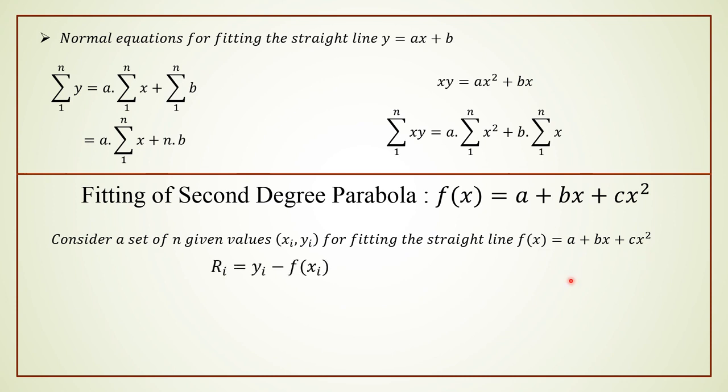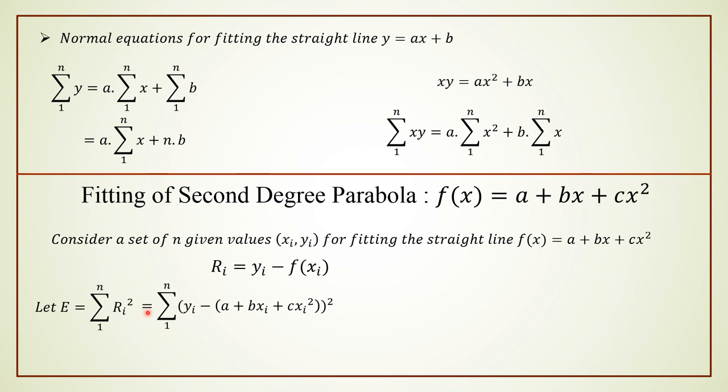Then we know that the residue Ri is given by the difference between the observed value of y minus the theoretical value, that is f of xi, and let E be summation of Ri square, where i is varying from 1 to n. Just substitute Ri, which is nothing but yi minus (a plus bxi plus cxi square), whole square, where i is varying from 1 to n.